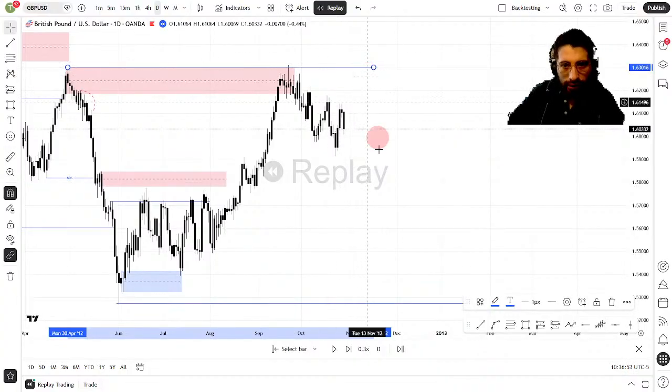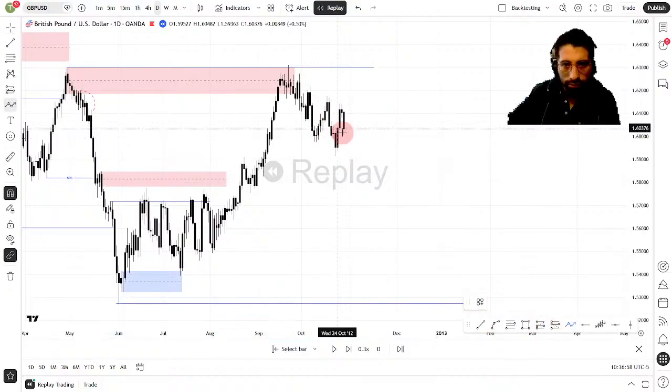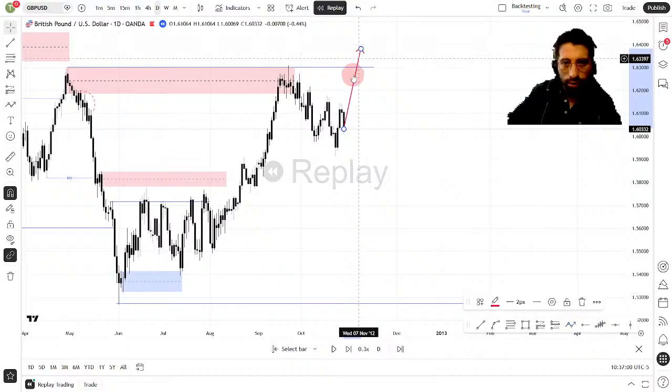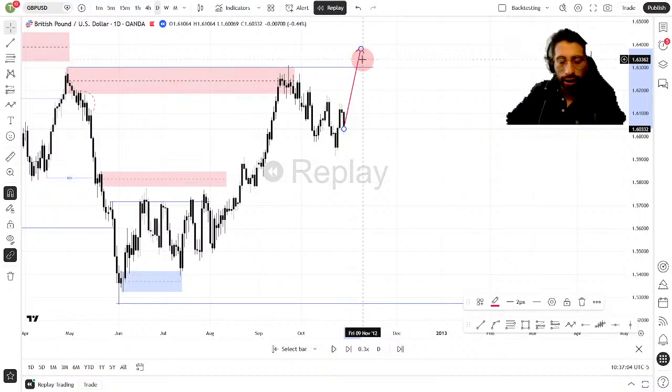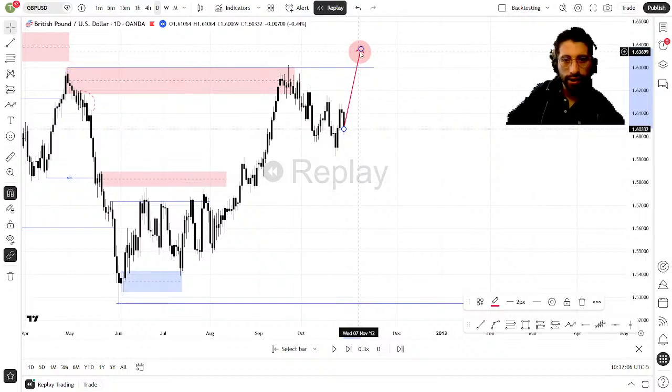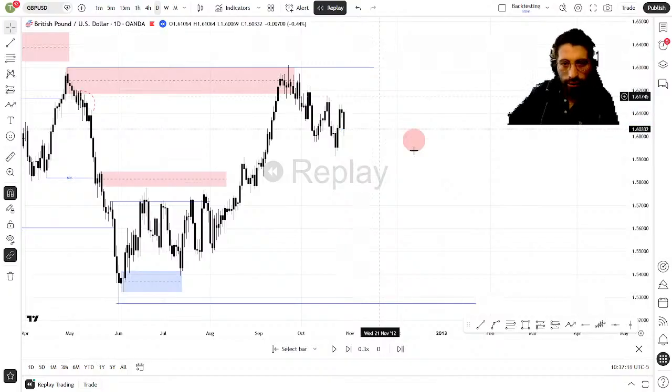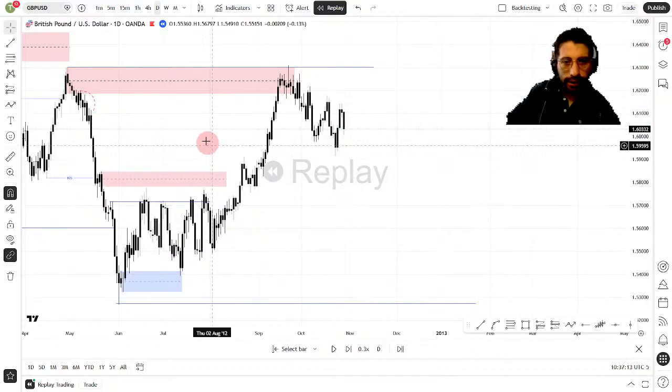If the price breaks this high with the body of the candle here, boom, with the body of the candle, okay, we can say definitely now we have a market shift, and with that we are able to continue pushing upwards, right? But now let's analyze the next.